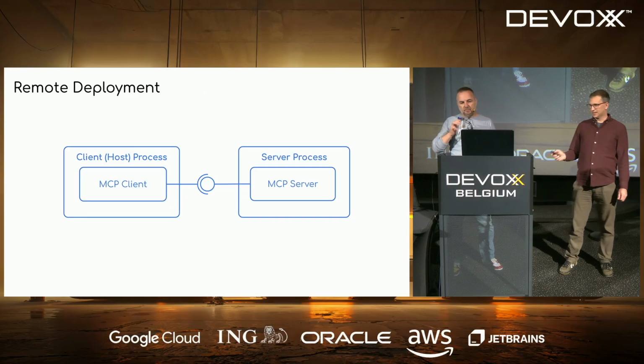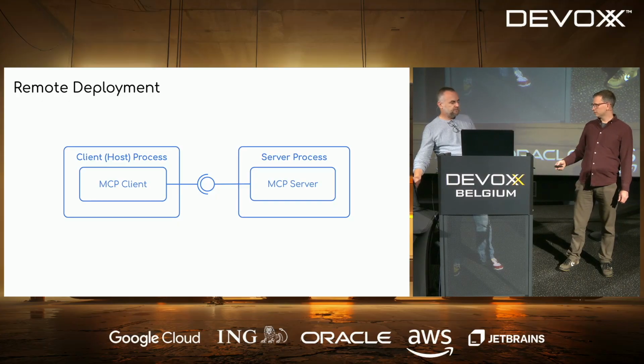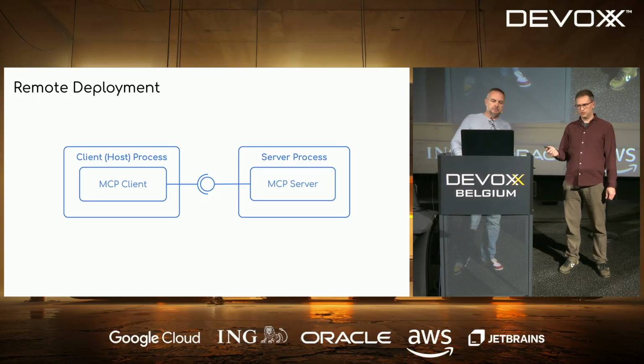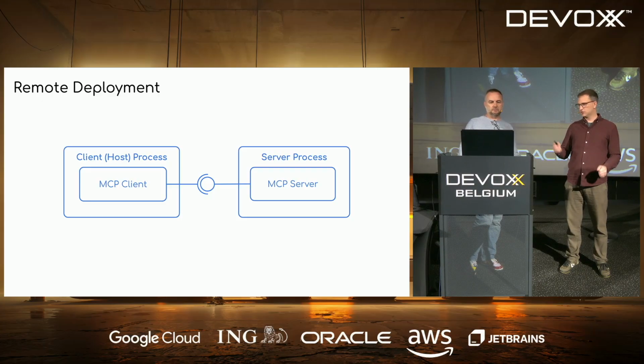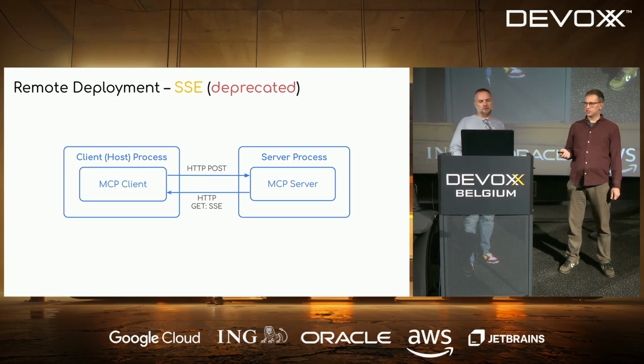And that messaging format was taken forward to the remote deployment situation, where we have a client-host process that can have multiple MCP clients talking to different MCP servers over the network. And the way to do that, as I mentioned, was using HTTP.